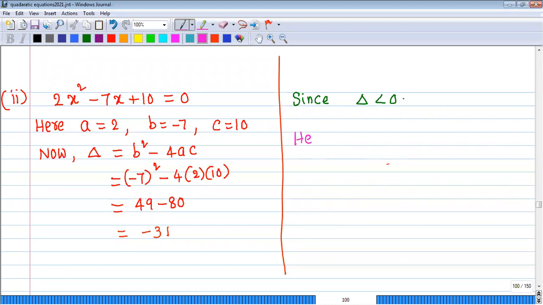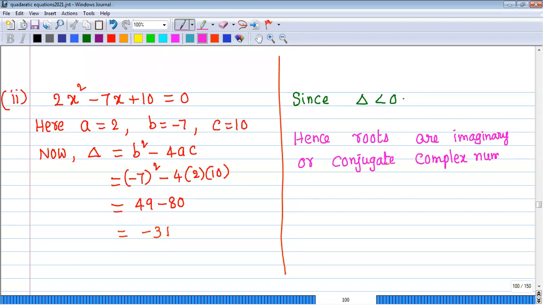Hence roots are imaginary, not real, unreal, and conjugate complex numbers.